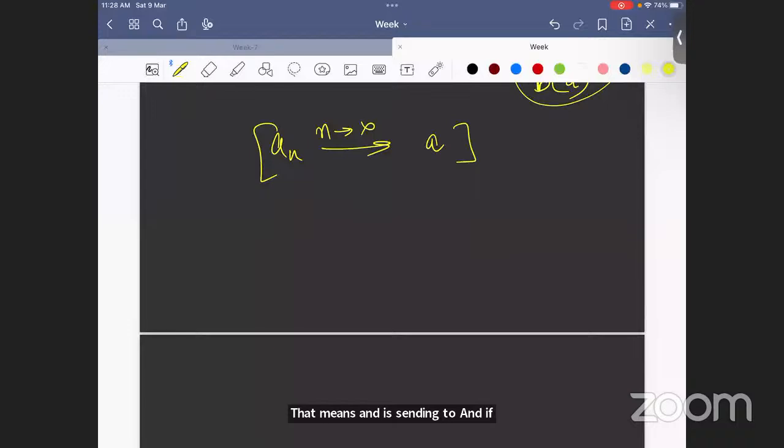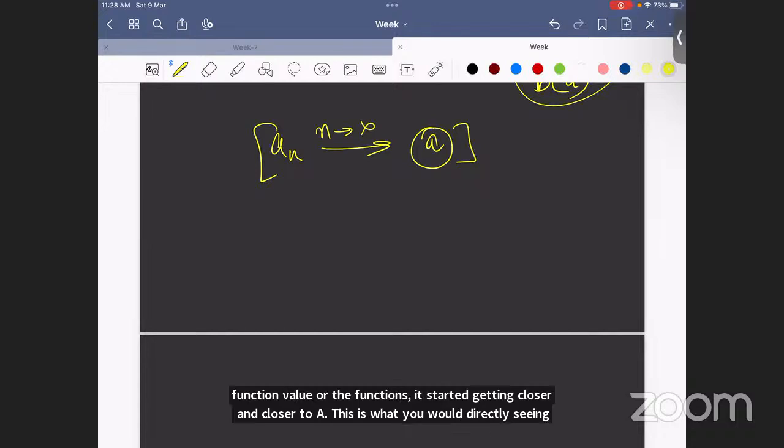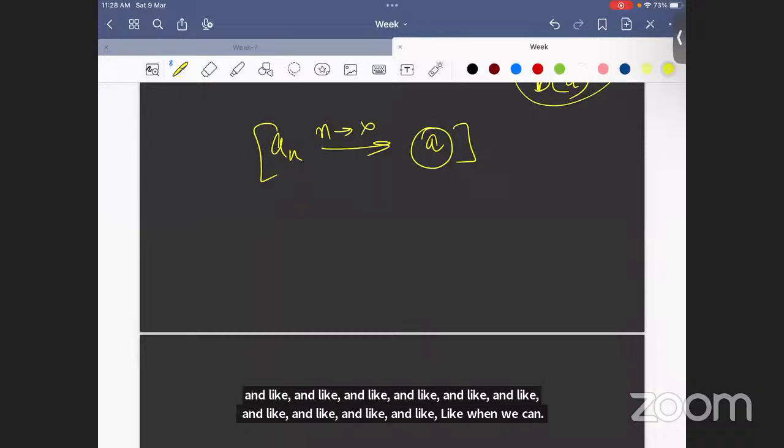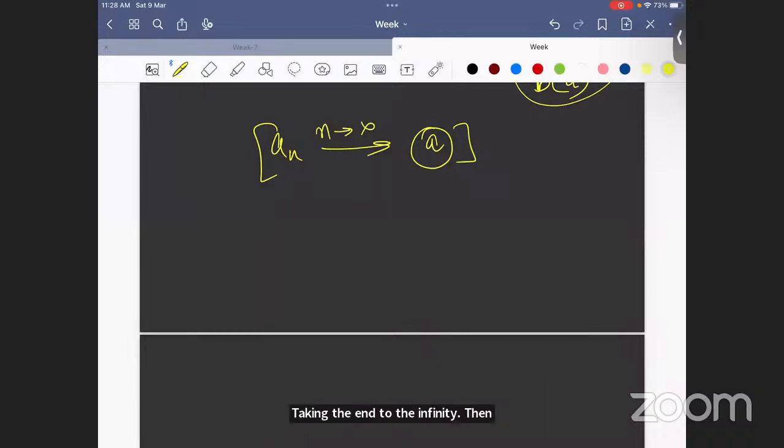If you think of n as very large, the sequence is tending to A; its values keep getting closer and closer to A. So convergence is a particular case of taking the limit as n goes to infinity.